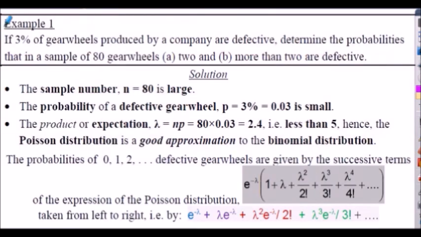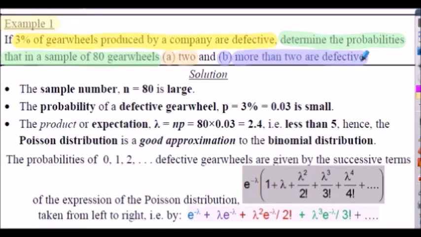Let's consider an example. This is example 1. If 3% of gear wheels produced by a company are considered defective, we've got to determine the probabilities that in a sample of 80 gear wheels, A, 2 will be defective, and B, more than 2 will be defective.